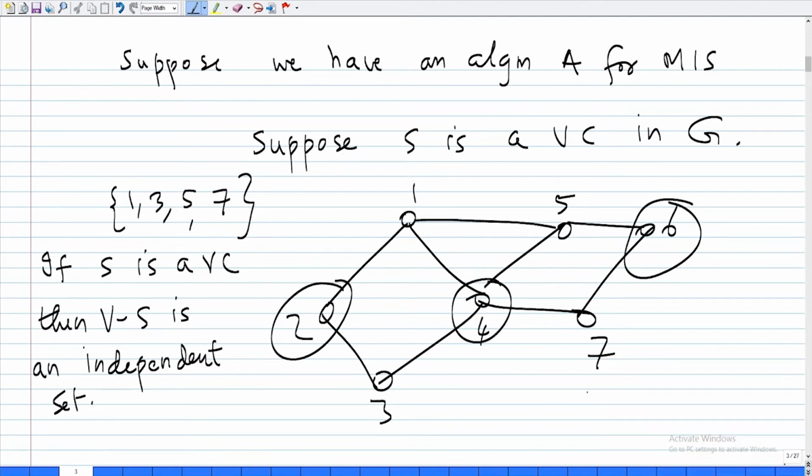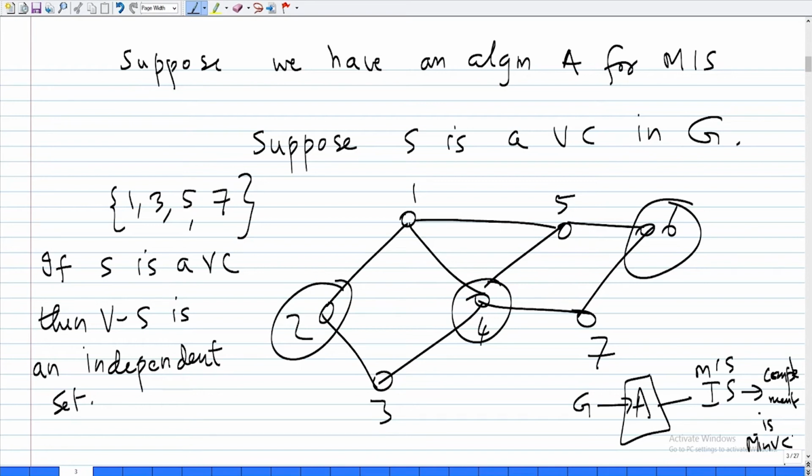If you have an algorithm which takes my graph and gives me a max independent set, I take the set complement, and that is a minimum vertex cover. So, if I want a minimum vertex cover, run your max independent set algorithm, look at its output, and take the complement set.